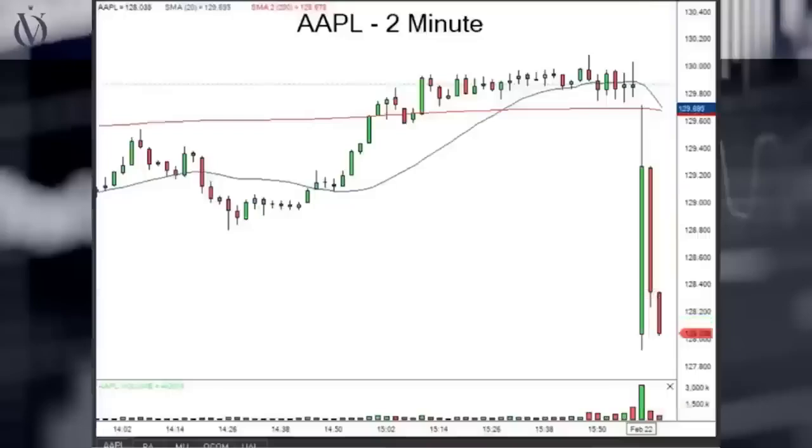So what I'll look for, if Apple bounces back up into this redness, you see the power red bar, I'm going to look to short Apple again. Depending upon how it bounced, I might look to short again or another drop to the downside. So we'll see how that happens.